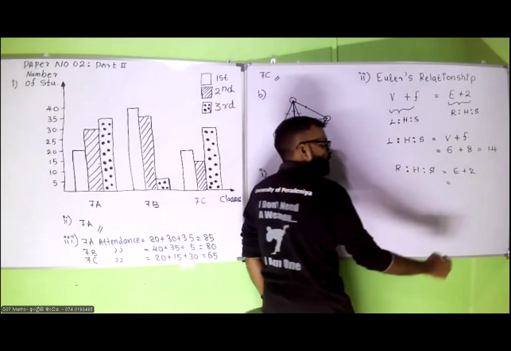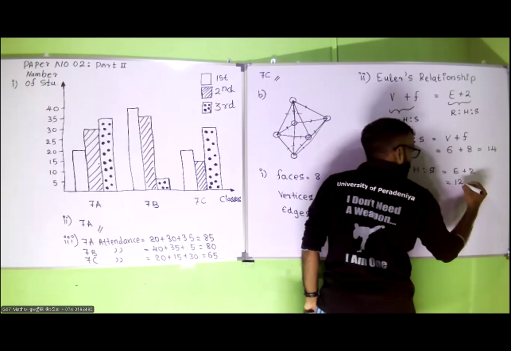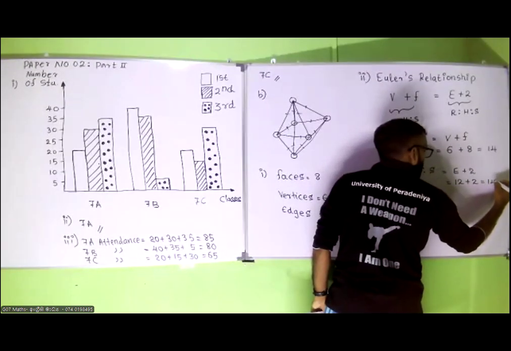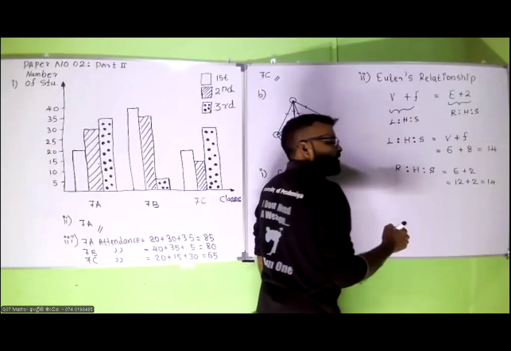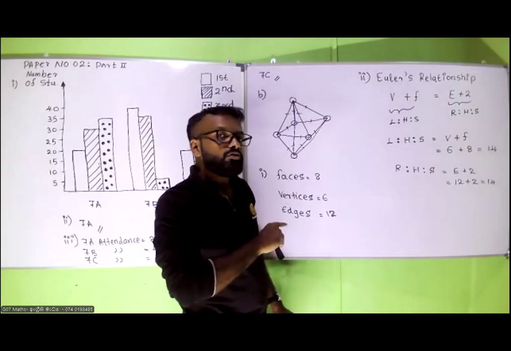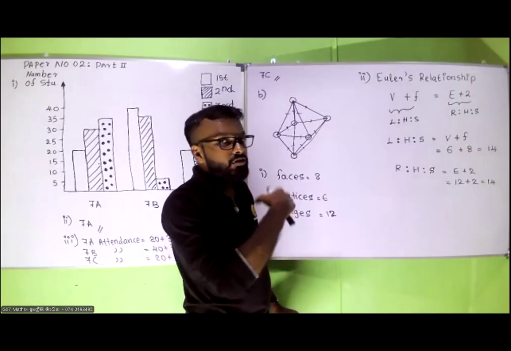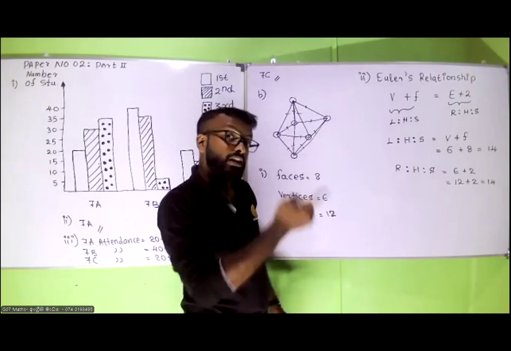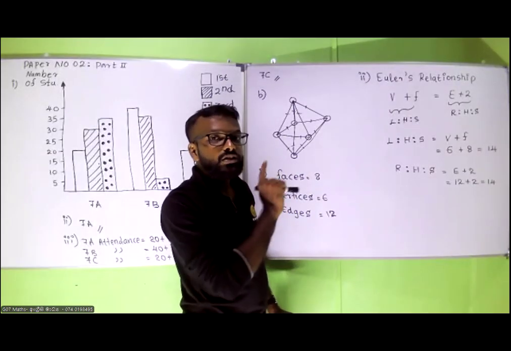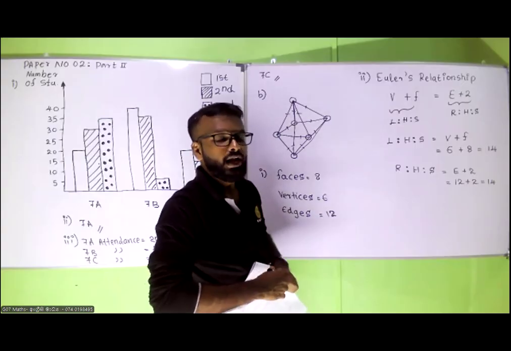So I will substitute it here: 12 plus 2, again 14. So we can say LHS equals RHS, left hand side equals right hand side. Therefore, this solid satisfies the Euler's relationship. We can conclude that at the end.